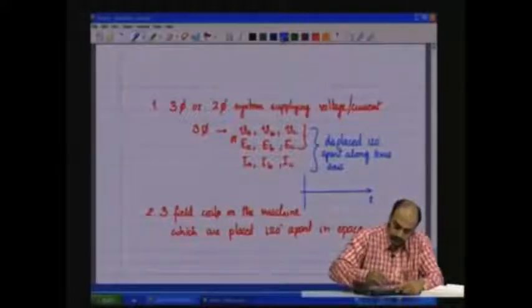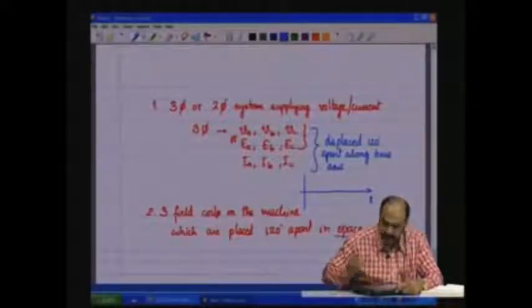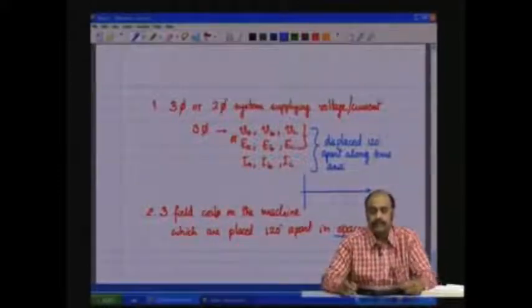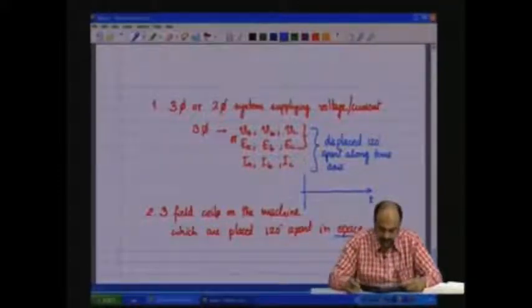So, this is the second condition that is needed to generate a rotating magnetic field.